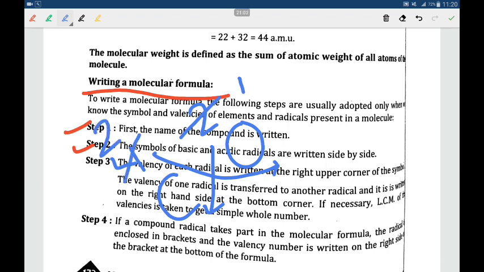If you are able to cancel, then write CO2. It becomes oxide. Dear students, if you are able to cancel the valencies, then it can be done.